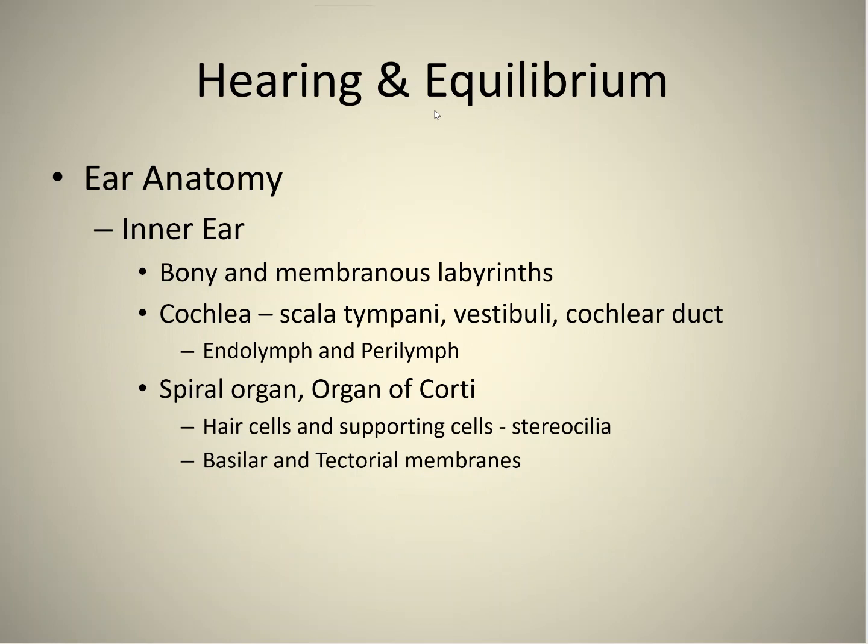The cochlea is where the auditory receptors are located. It's spiral shaped and it has three spaces: the scala tympani, the scala vestibuli, and the cochlear duct. The cochlear duct is filled with a fluid called endolymph, and the scala tympani and vestibuli are filled with a fluid called perilymph.